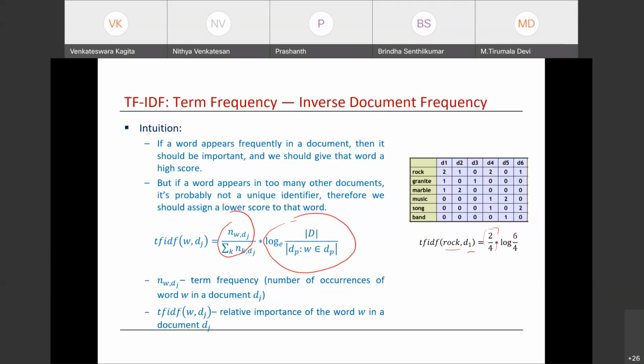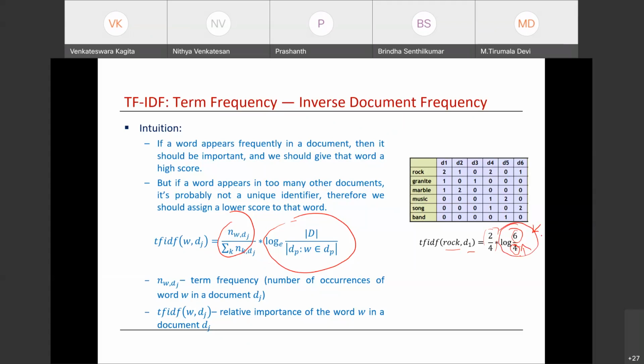And inverse document frequency, if you see, this word rock is appearing in 4 documents and the total number of documents is 6. Okay, so if the denominator gets high, the total value will decrease, right? If the denominator gets low, then this will be higher.